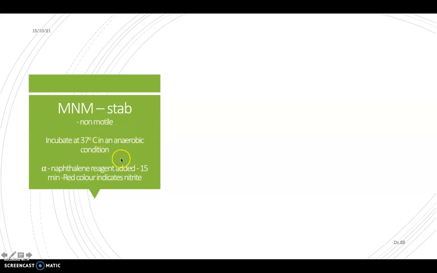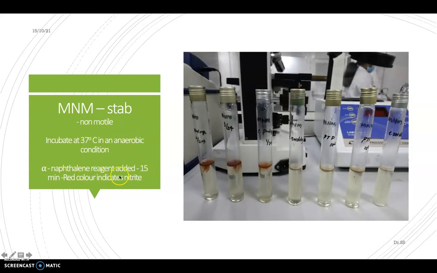After that we also add the naphthylamine reagent. After 15 minutes, if it forms a red color, it shows the conversion of nitrate to nitrite. So nitrate reduction is also observed in this medium. That is the MNM medium.